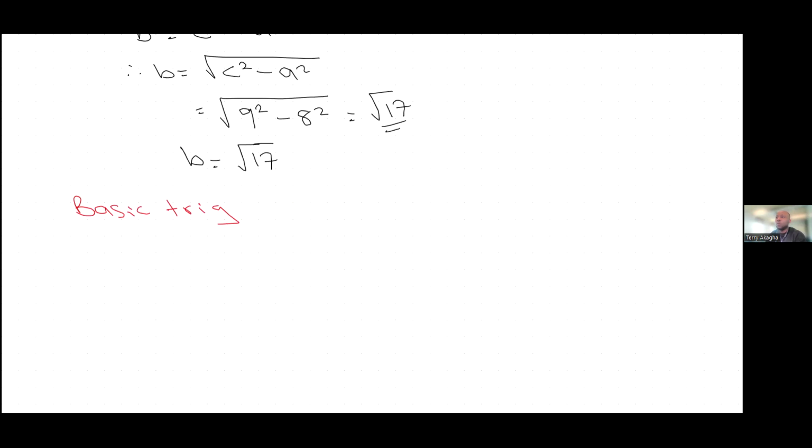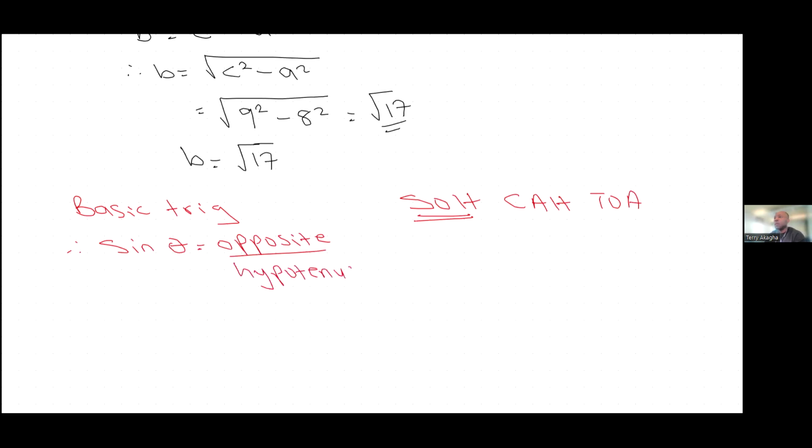So let's start with the first one, sine theta. Remember the basic trig identity is SOHCAHTOA. So the sine is the opposite over hypotenuse, the cosine is adjacent over hypotenuse, and the tangent is opposite over adjacent. So sine theta, from the SOH, is equal to the opposite divided by the hypotenuse.